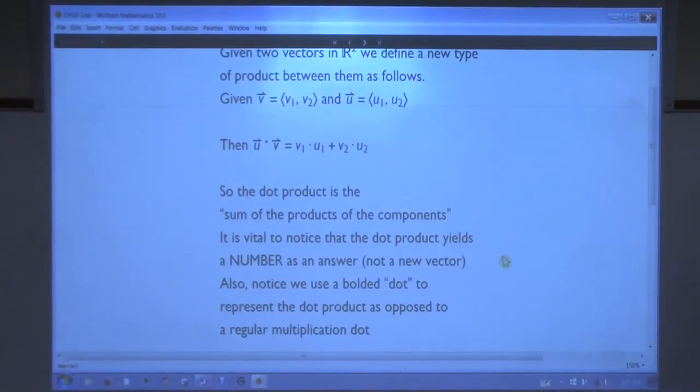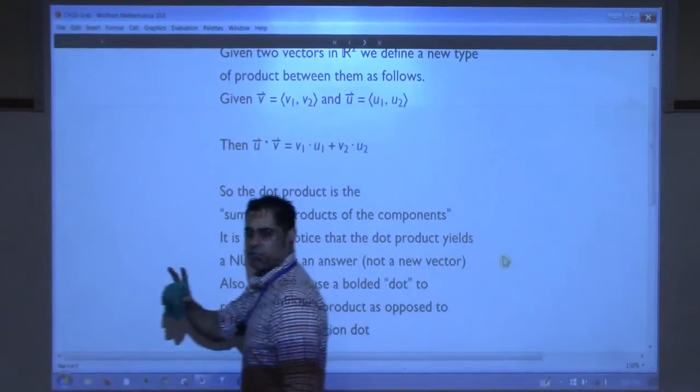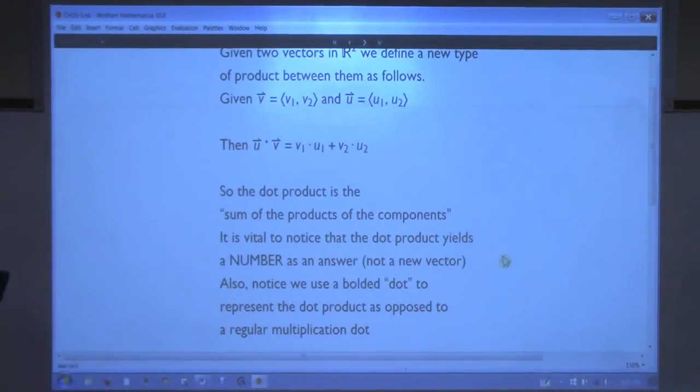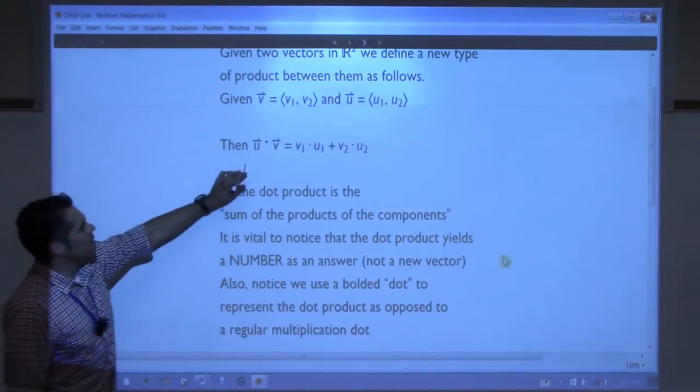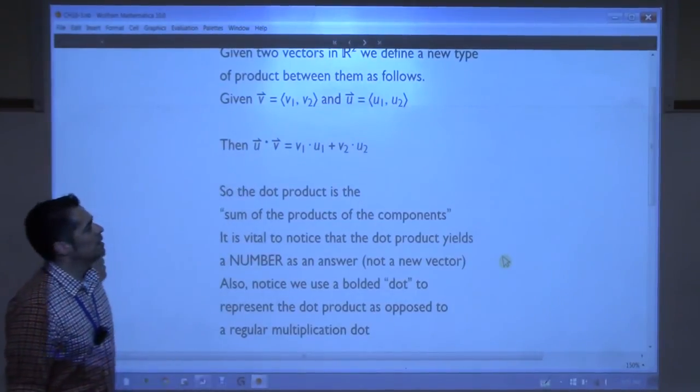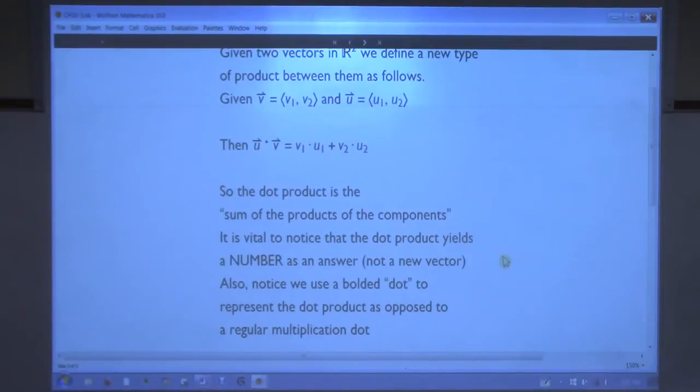All right, so given two vectors in two-dimensional space, u and v, then u dot v is defined to be u1 v1 plus u2 v2.